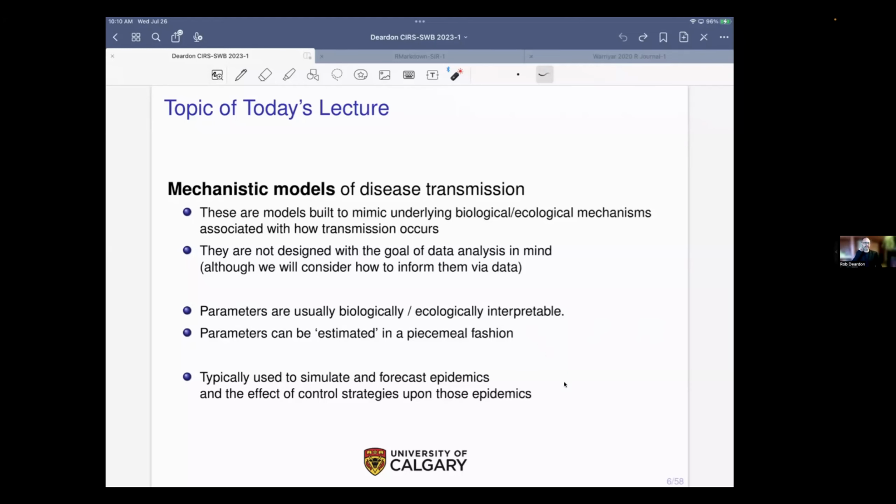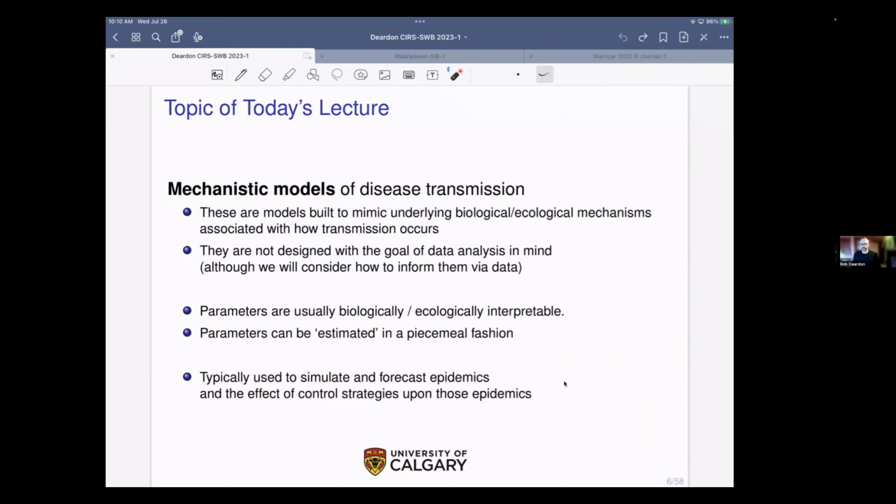And then finally, the other thing that I wanted to flag up before we dive into the models is that the use of these models is generally predominantly about simulation. We want to make a prediction, a projection, right? We may want to forecast what's about to happen, or we may want to simulate and then impose some sort of control strategy to see what happens if we vaccinate 30% of the population or 50% of the population, right?